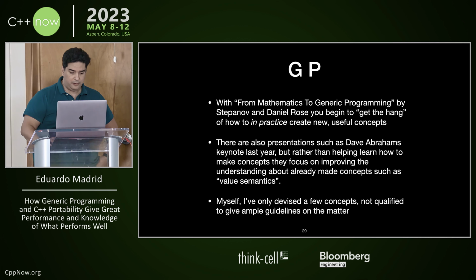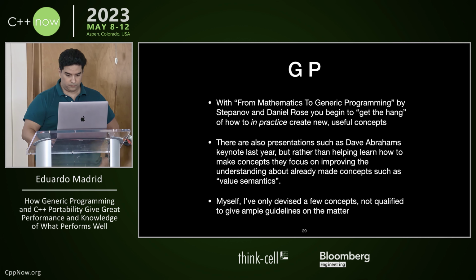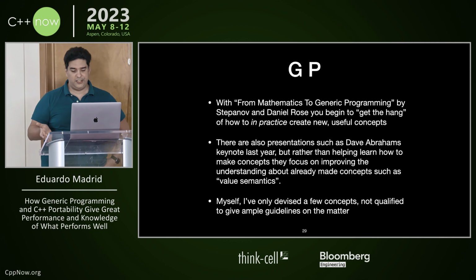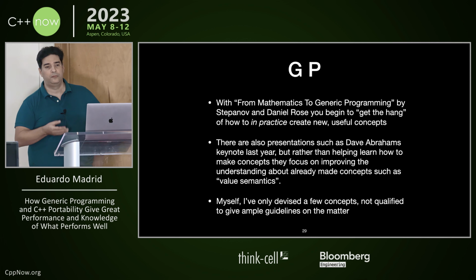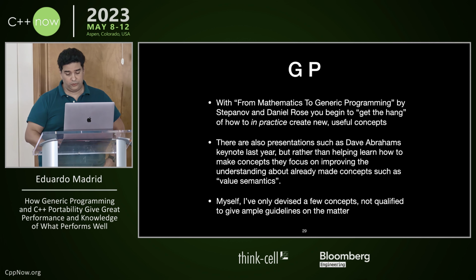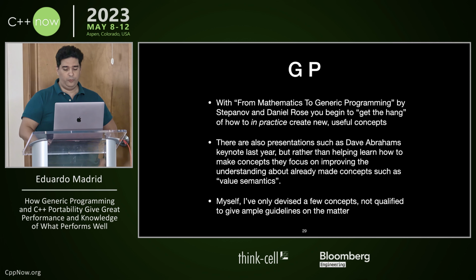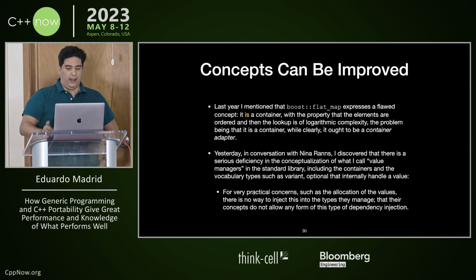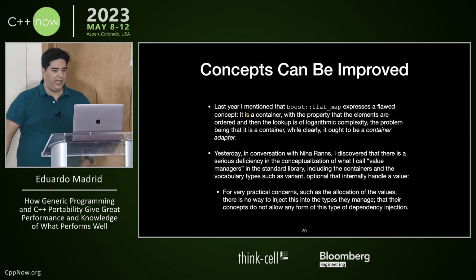Okay. Myself, I have just devised a few concepts, successful ones, but not too many, so I'm not qualified to give you ample guidelines on how to do better conceptualizations. But we know that they can be improved, okay?